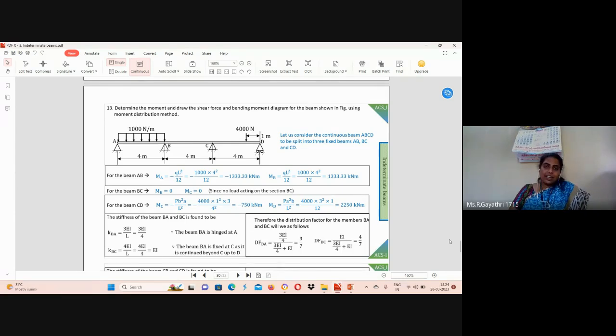Okay, first term on the left hand side of the three-moment equation for span BCD.